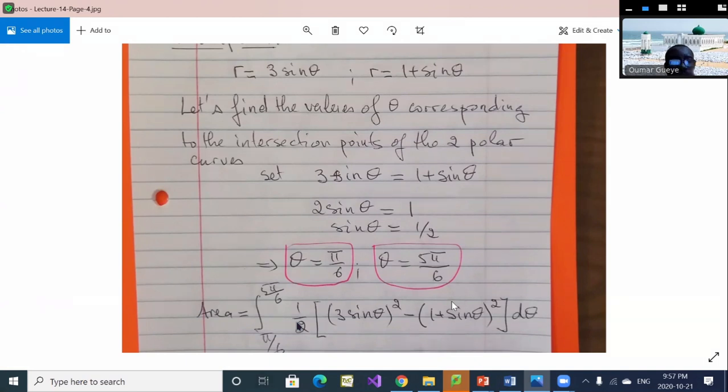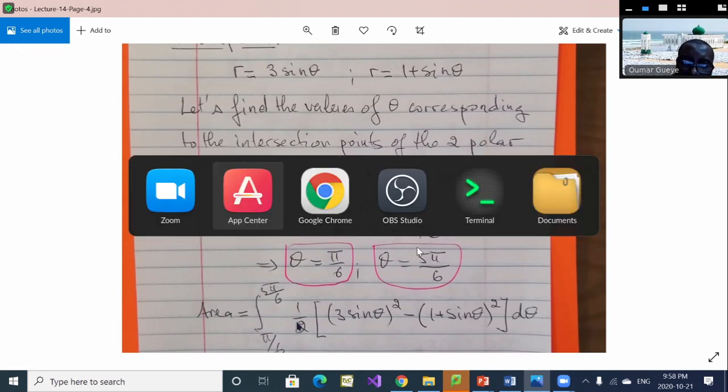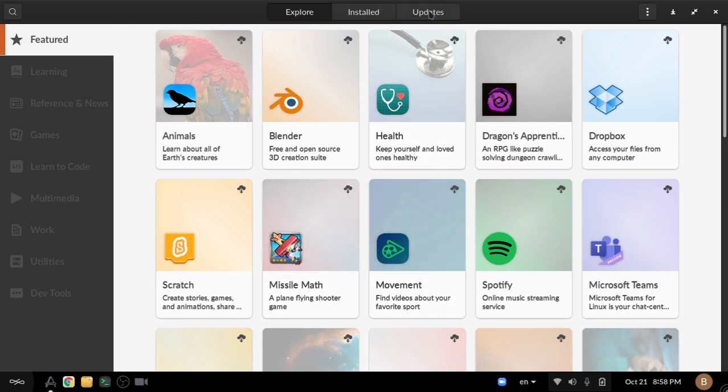Any question before I move to the next page? Sorry, sir. Could you please explain again how you got 5 pi by 6? It's obtained from the trigonometric table. As I said, you need to know the trigonometric table. You find which angle has its sine equal to 1 over 2. We only have two angles, pi over 6 and 5 pi over 6, which is in the second quadrant, pi over 6 in the first one.